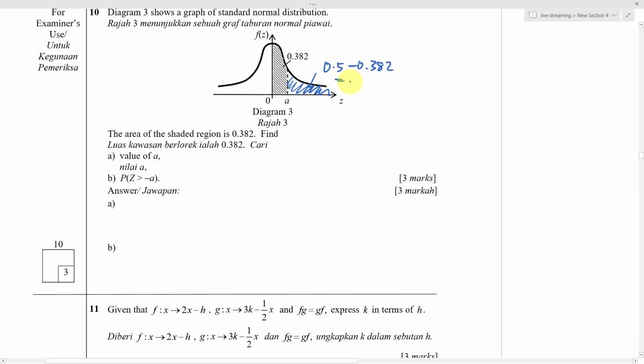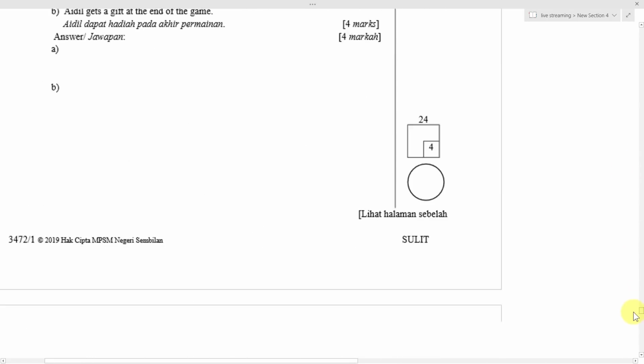Then you should get 0.118, isn't it? Then how do we label this area? It's called Z is bigger than, because going this direction, right? So copy this arrow, Z bigger than A is 0.118. A is positive and this one 0.118. Then you need to go to your Z value table. Do I have Z value table here?